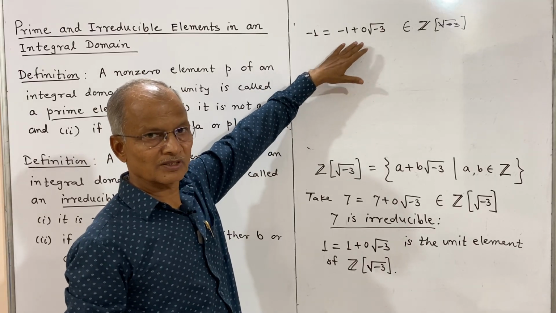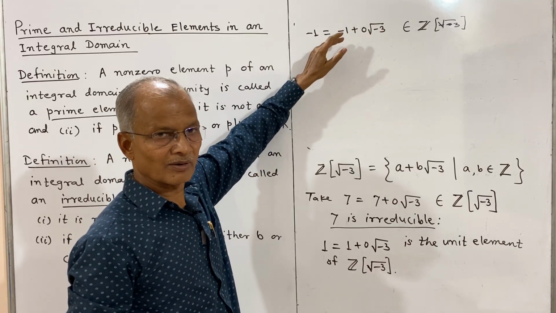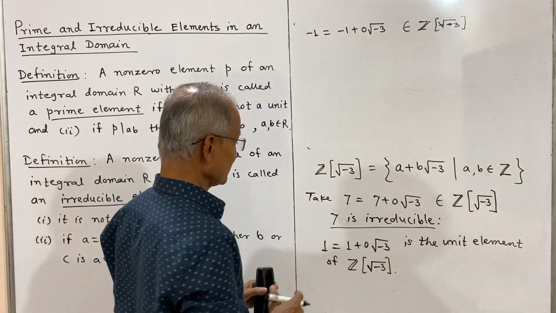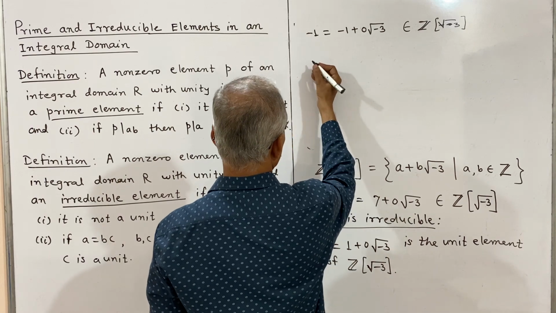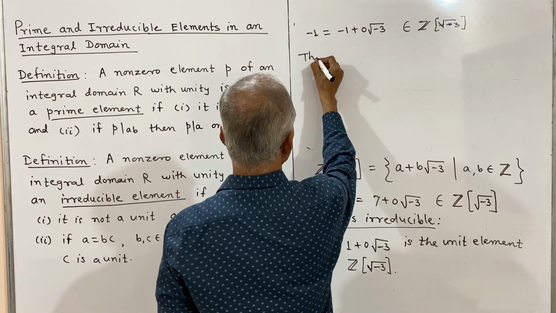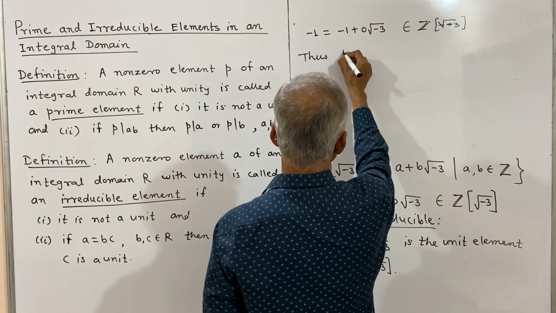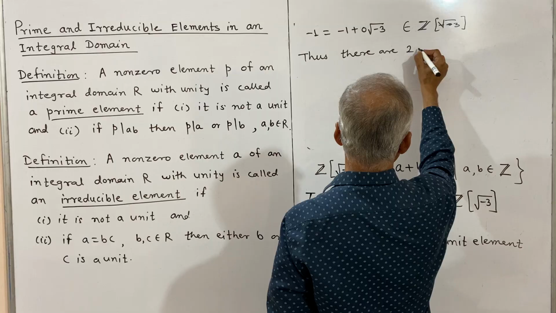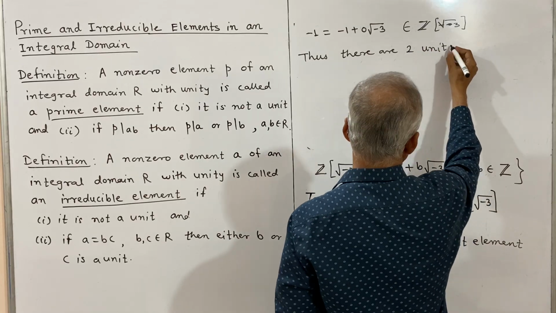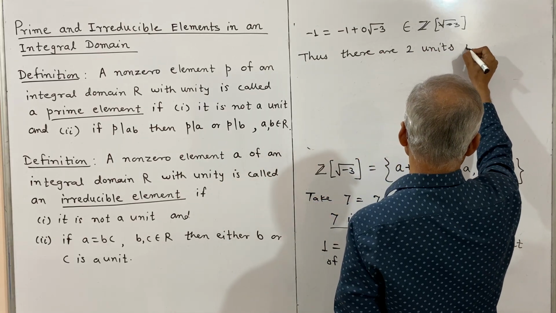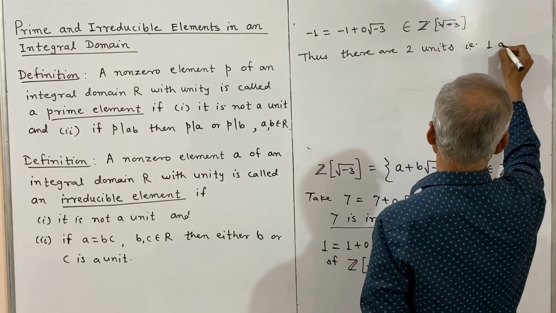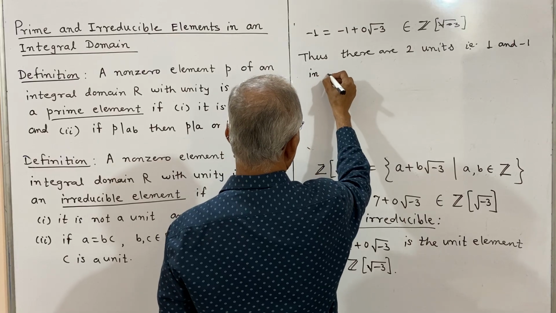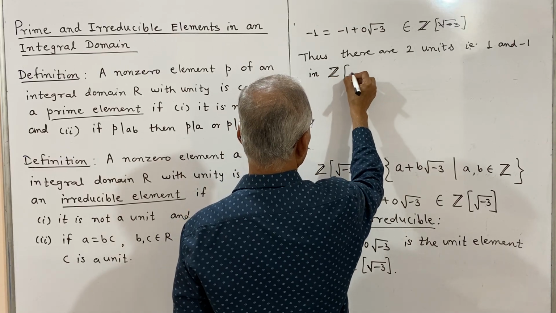The product of negative 1 into negative 1 is 1, and therefore it is a unit element. Thus there are two units, 1 and minus 1, in this integral domain.